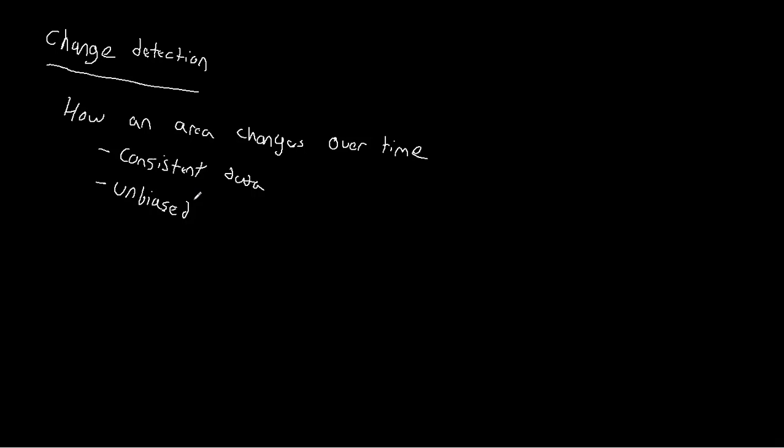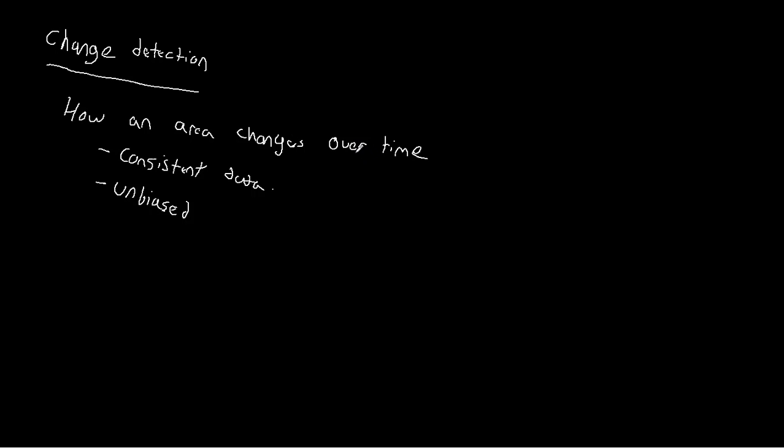That isn't somebody's memory or a narrative or a story or anything like that. It's a physical measurement that we can then relate back to this consistent data set, the archives that we've talked about, to figure out, well, how has an area changed over time?